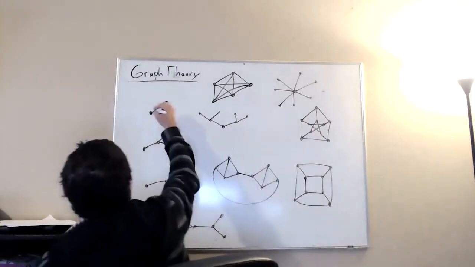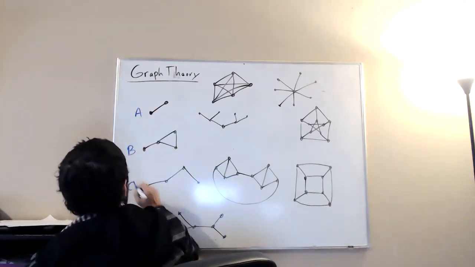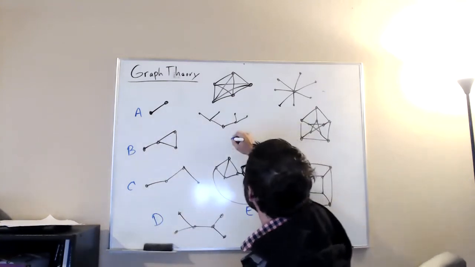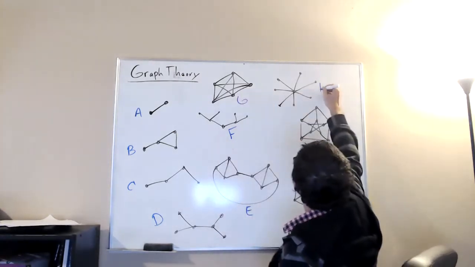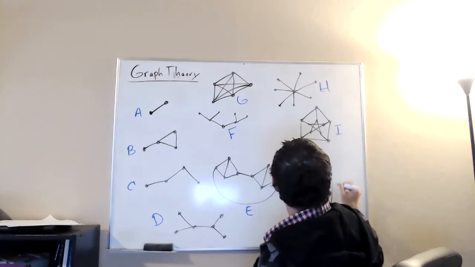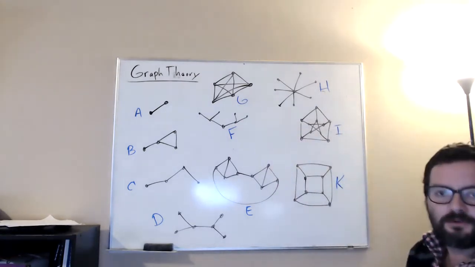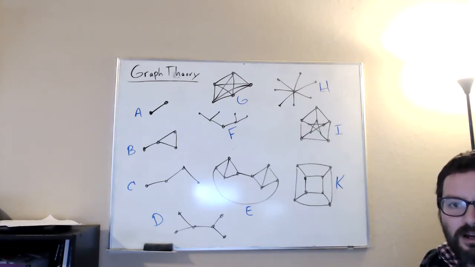So I'll say this is A, B, C, D, E, F, G, H, I, K. So five of these graphs are similar.